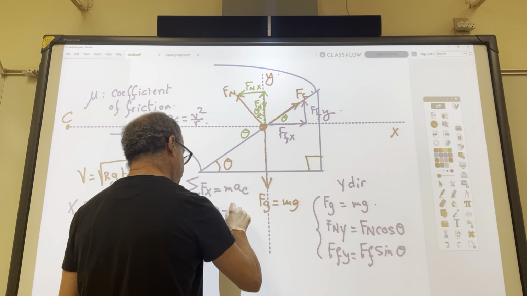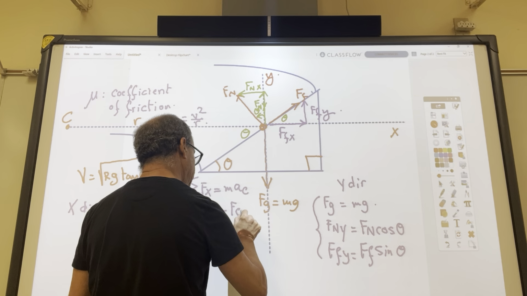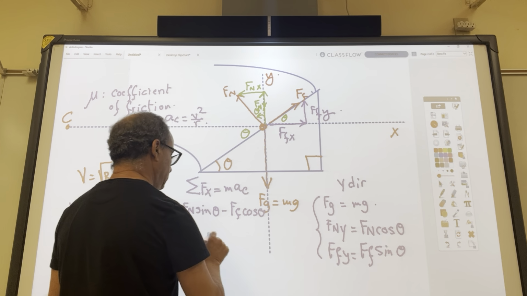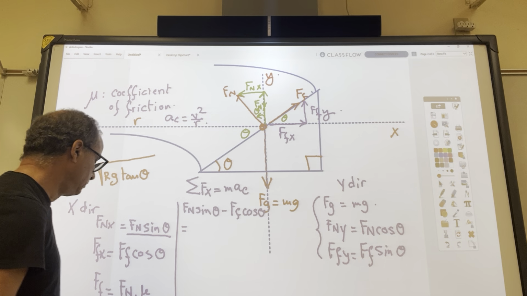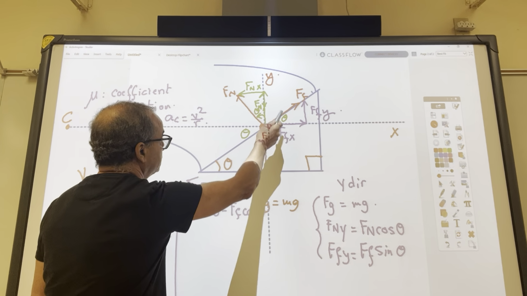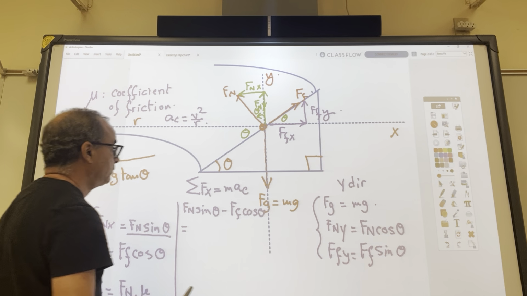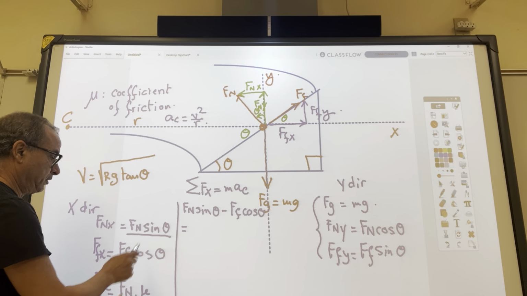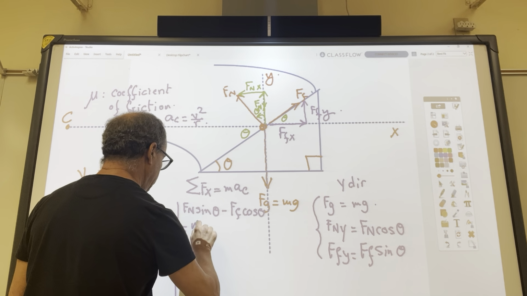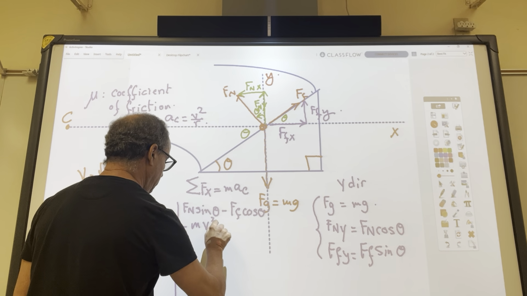And we're going to make that equal to, because those are the only forces in the x direction, mv squared over r. Remember, we replaced ac by v squared over r.